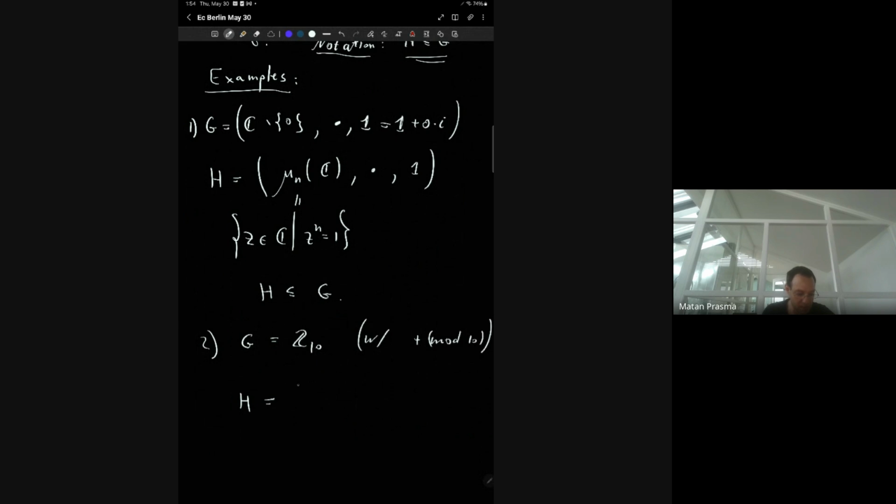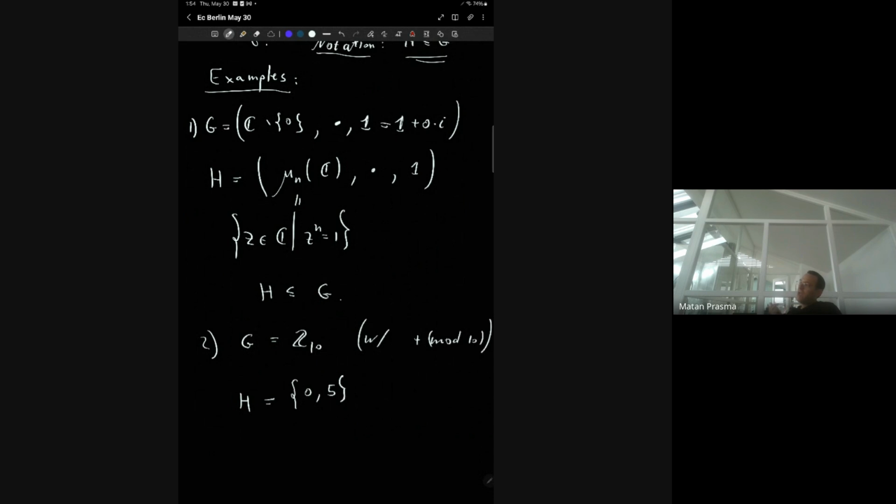Well, it's going to be a subgroup, but as a subset, it's the set of the elements 0 and 5. Zero and 5 is indeed a subgroup of integers modulo 10.